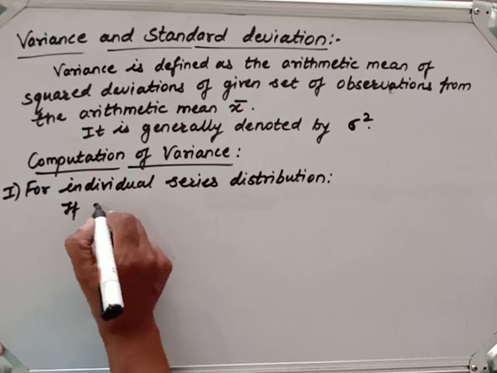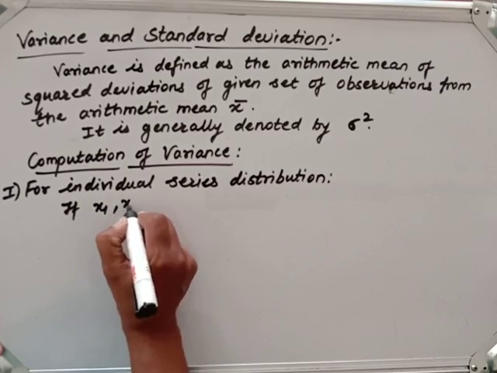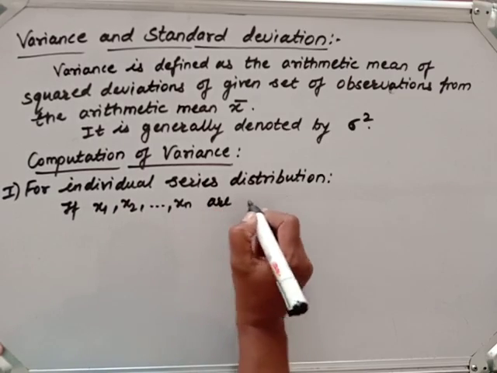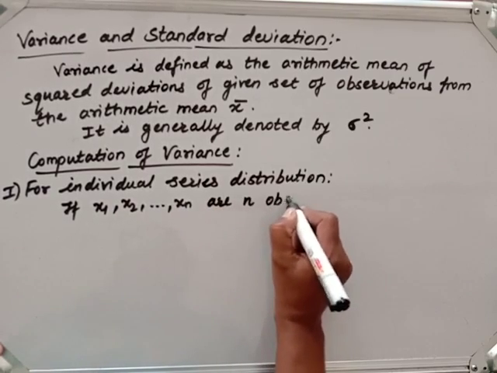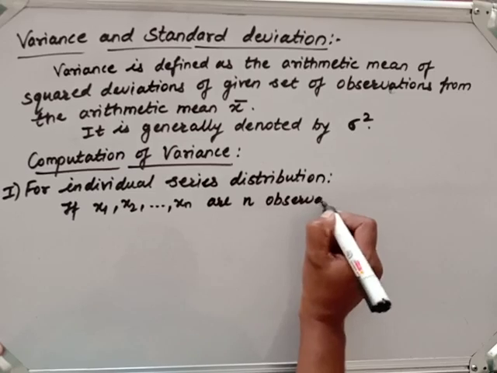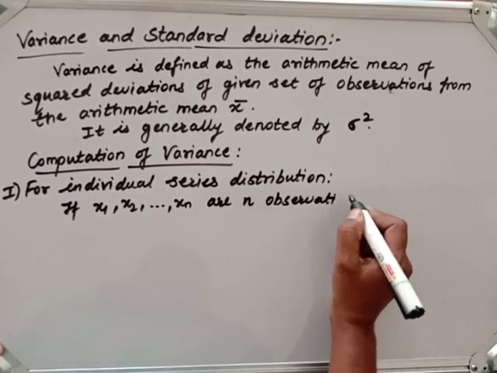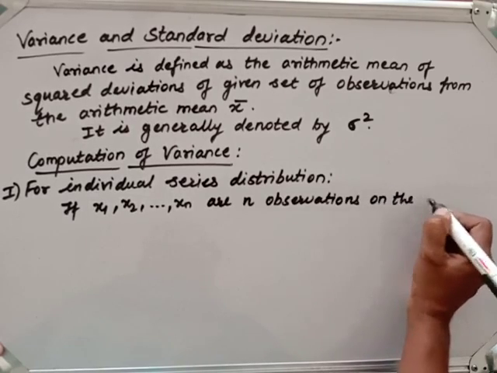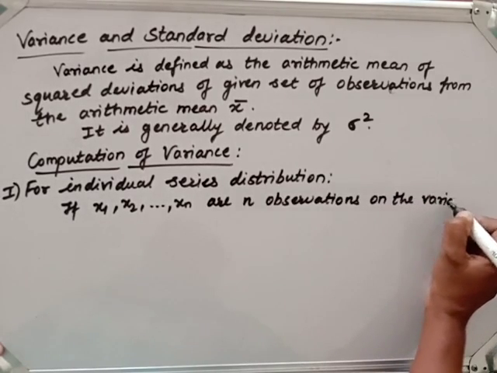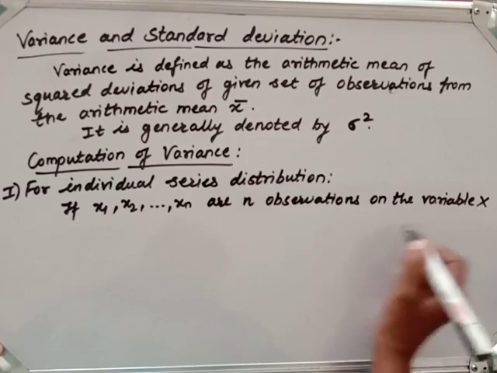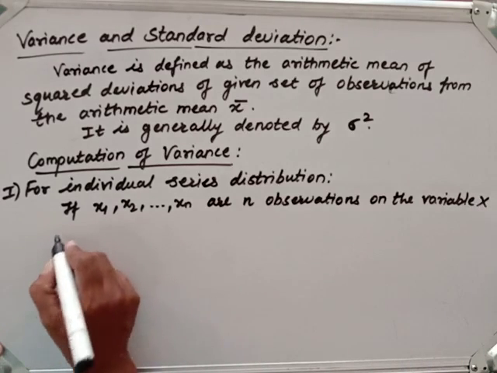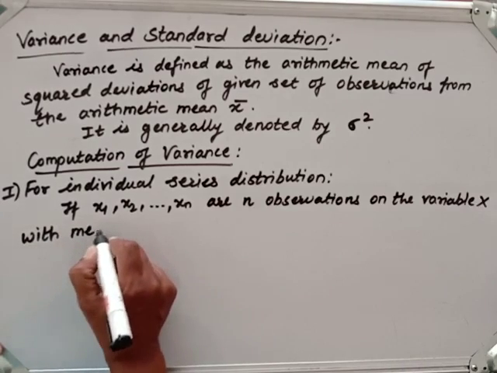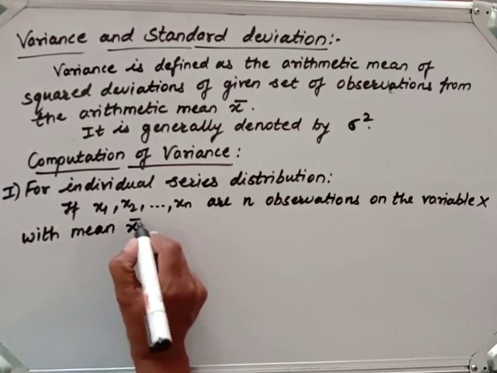As I explained, let me assume x1, x2 and so on up to xn are n observations on the variable x, with mean x bar.